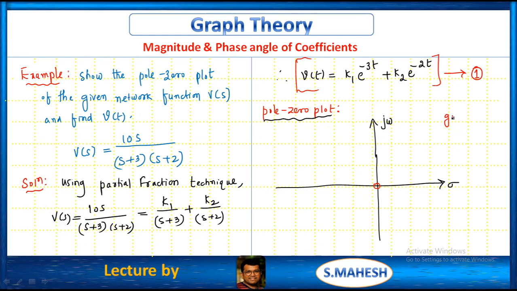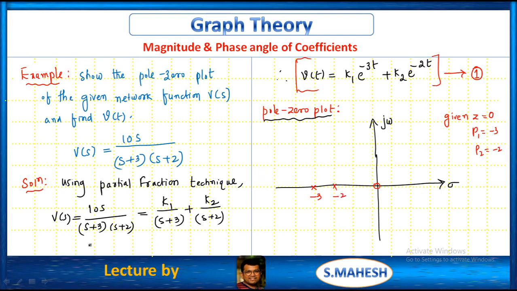Given z is equal to 0, p1 is minus 3, p2 is minus 2. So this is minus 3, this is minus 2.